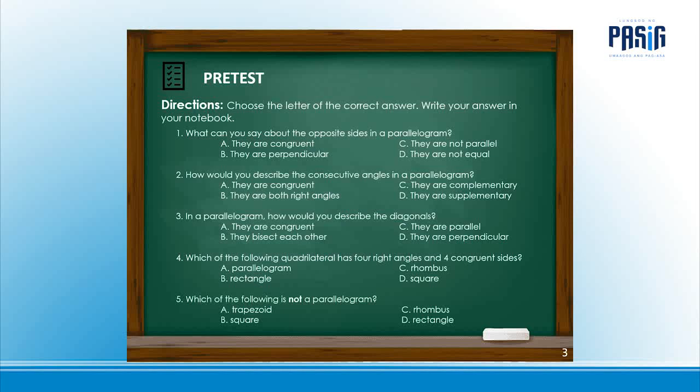Number 5. Which of the following is not a parallelogram? A. Trapezoid. B. Square. C. Rhombus. D. Rectangle. Your timer starts now.